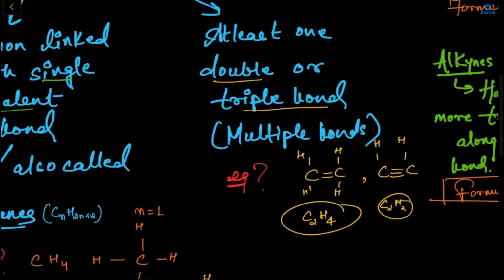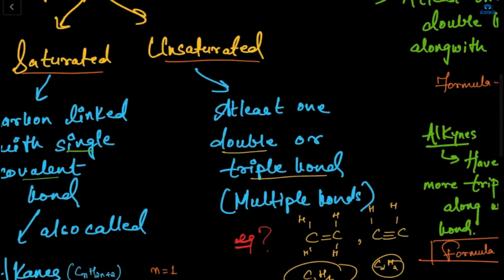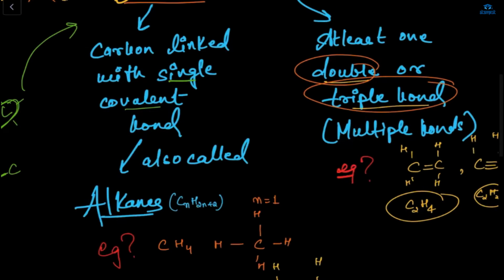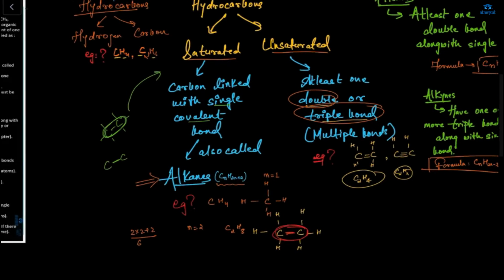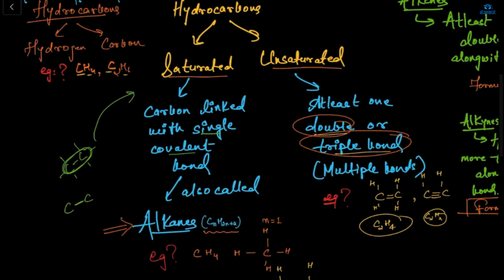So this consists of double or triple bonds, and saturated consists of only single bonds. We can also say a saturated example is alkanes, because alkanes always consist of single bonds, and this is the formula of your alkane. So this part is clear: what are saturated and unsaturated hydrocarbons.